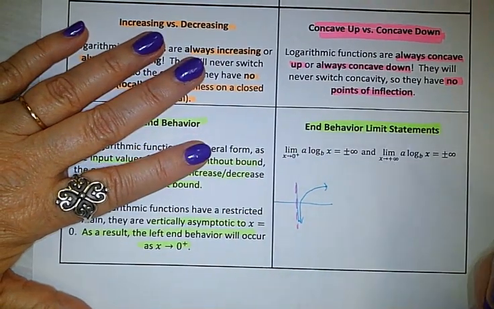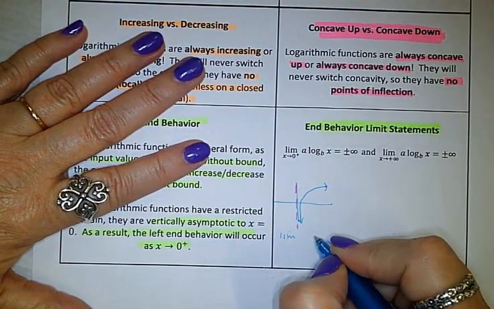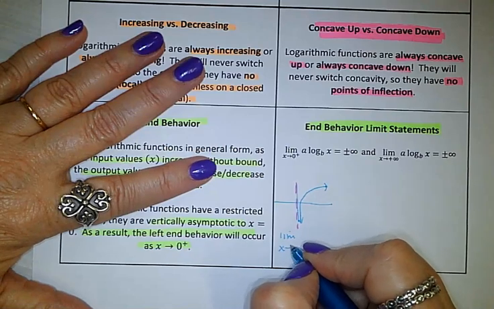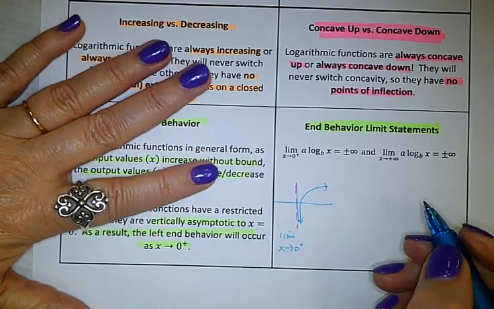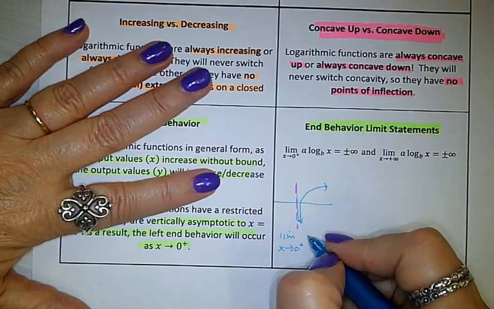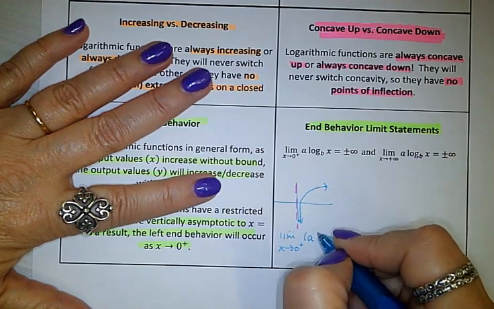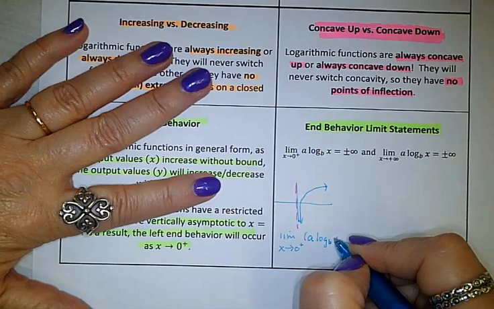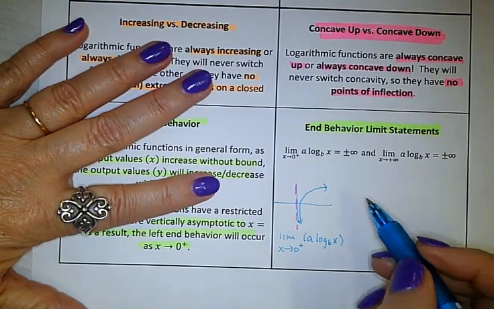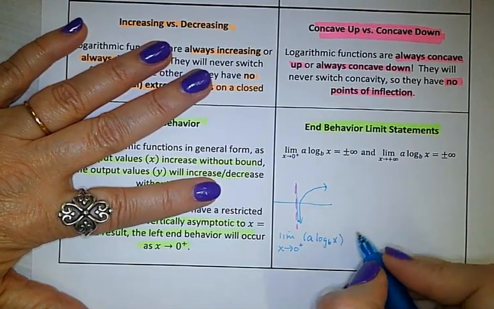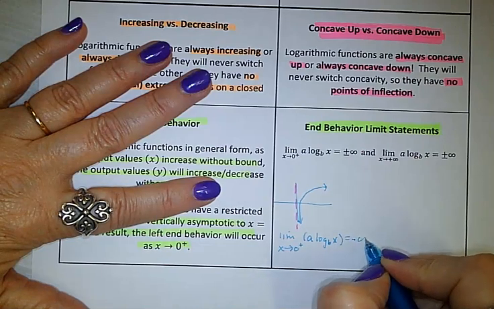So the limit as x approaches 0 from the right of the function a log b of x: what is happening as it goes to 0? It is going to negative infinity.